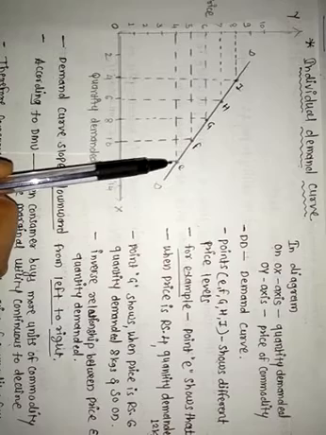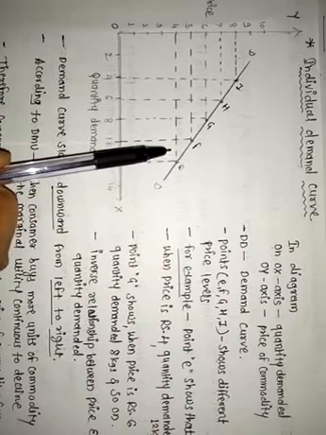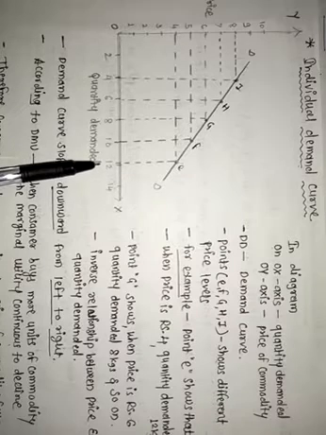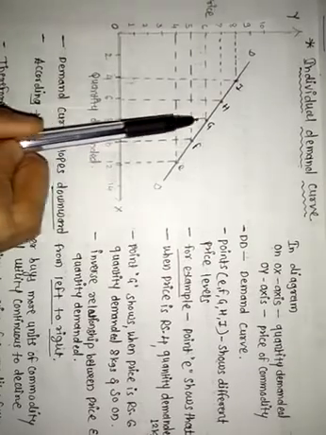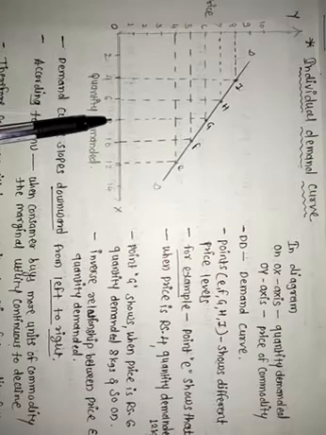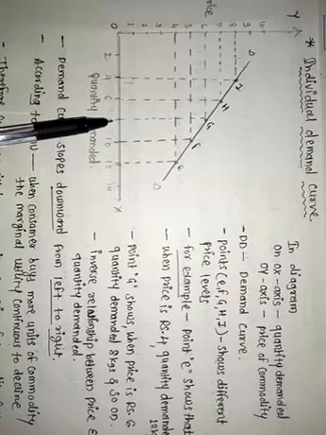For example, point E shows that when the price is rupees 4, then the quantity demanded is 12 kilograms, which means at the price of rupees 4, the consumer demanded 12 kilograms of tomato. Point G shows when the price is rupees 6, then the quantity demanded is 8 kilograms, and so on.